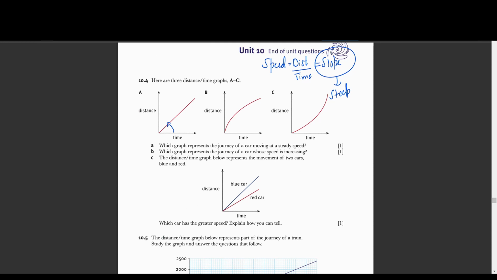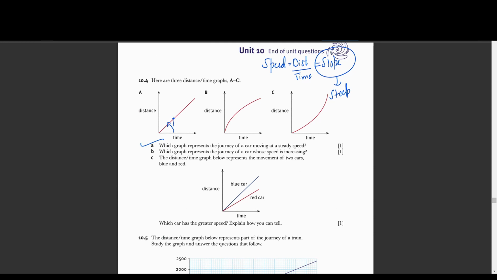I told you that speed can be represented as a distance time graph, where distance is on the y-axis, time is on the x-axis, fine. And greater the angle the graph is making with the x-axis, more will be the speed. Now part A says, which graph represents the journey of a car moving at a steady speed?